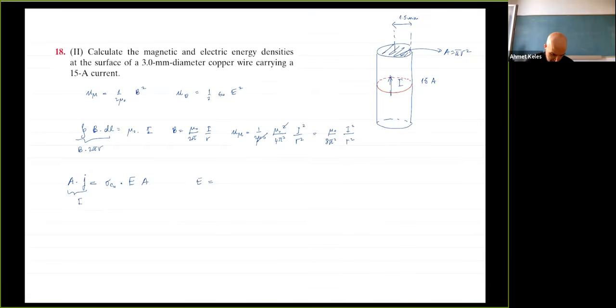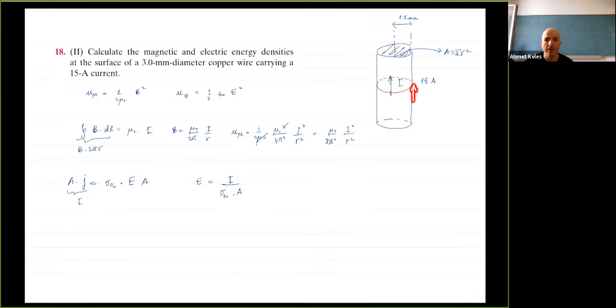Electric field is going to be equal to I divided by sigma copper times area. And its direction is obviously this, up.